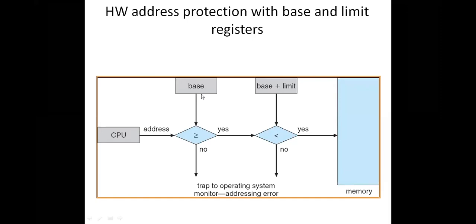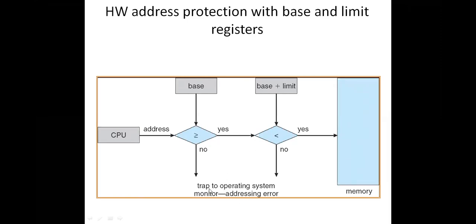The logical address needs to be greater than or equal to base value and it needs to be less than base plus limit. Then only the CPU generated address will be within the allocated portion of a particular process, right? Otherwise, if it is not greater than or equal to base, or if it is not less than base plus limit, automatically a trap to the operating system occurs.